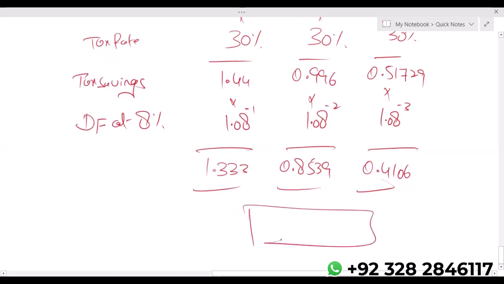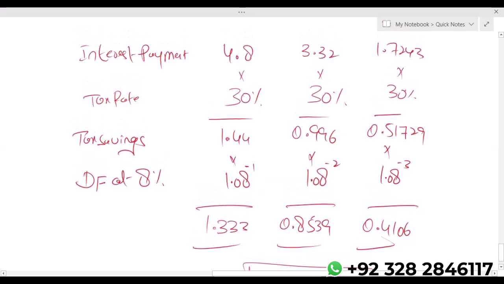Now let's add all of them. 1.333 plus 0.8539 plus 0.4106. Students, I'm getting 2.5975.